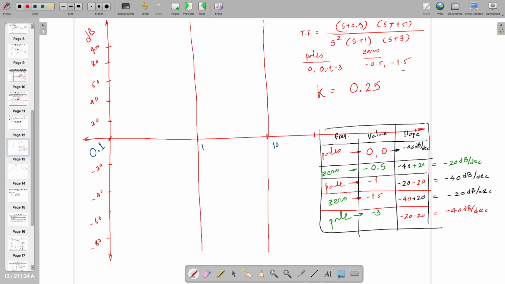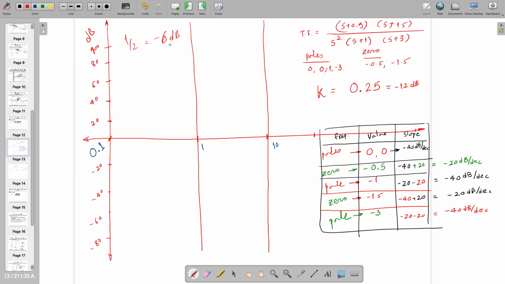Okay, let's go this way. If it is half, how much? Half is equal to how much dB? No, no. Half is equal to minus 6 dB, by the way.